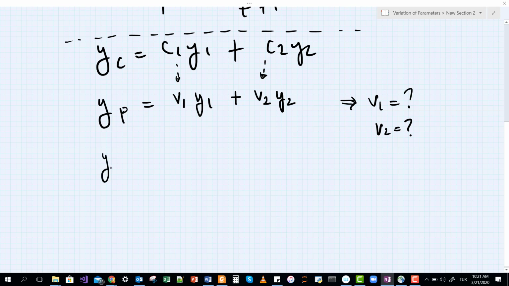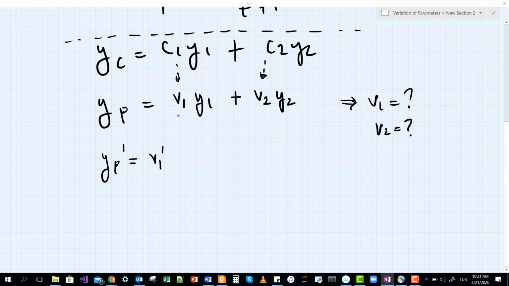As I always did, when I assume a solution for my differential equation, I always follow my differential equation. And I will do the same thing, look at that. I'm going to take the first derivative of my assumed solution.